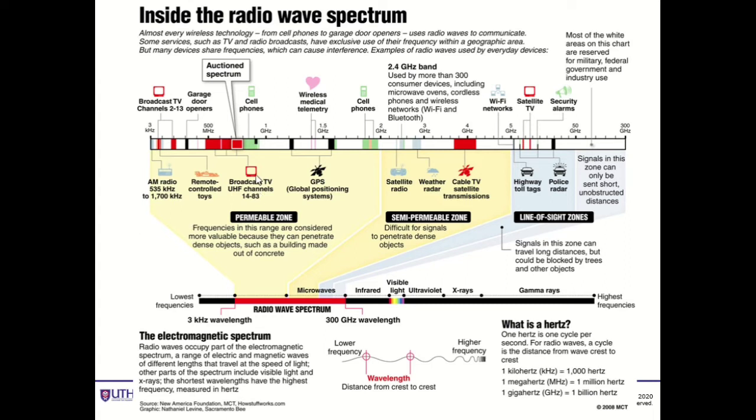This frequency, from 3 kilohertz until 2 gigahertz, is usually used for long range communication, GPS, broadcasting, cellular phones, or remote control toys at, for example, 400 megahertz, and also AM and FM radio.